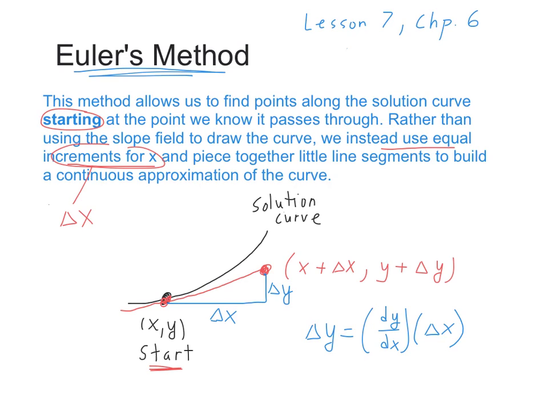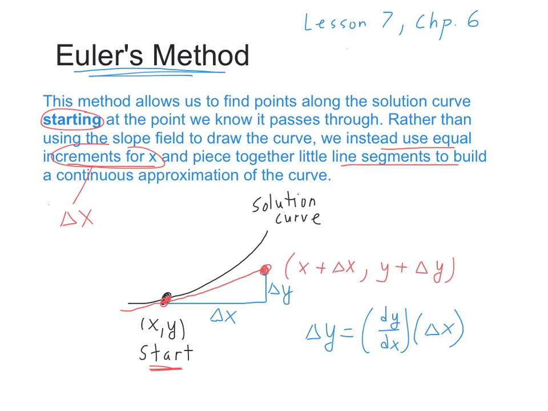Our change in x. And we're going to piece together little line segments to build our continuous approximation of the curve. And by the way, we're not going to actually draw the curve. We're just going to be looking to identify a point on the solution curve, starting at a certain point, using this idea of building off of the start point using increments for x.